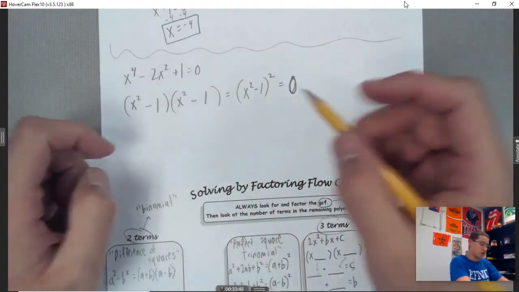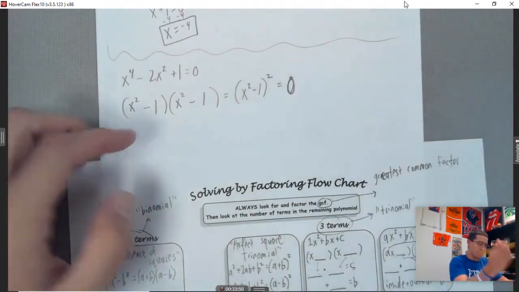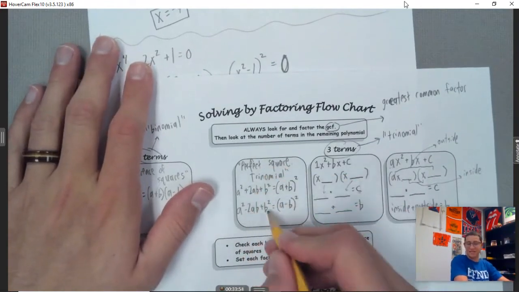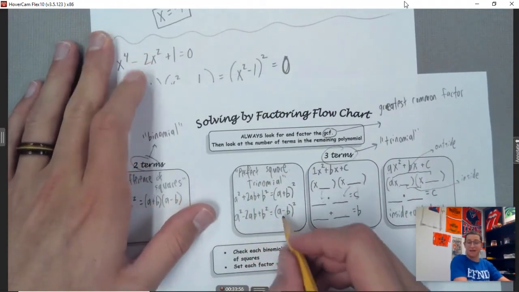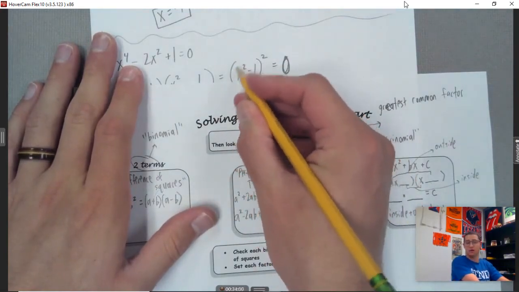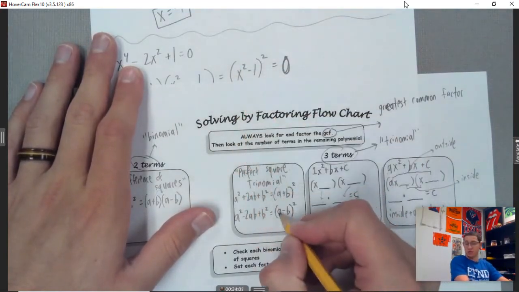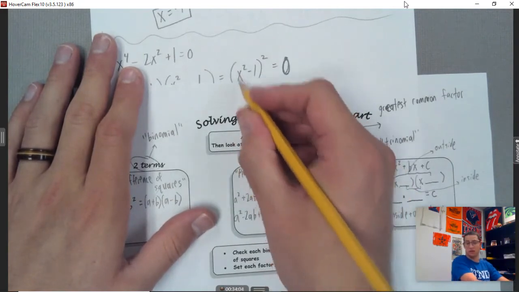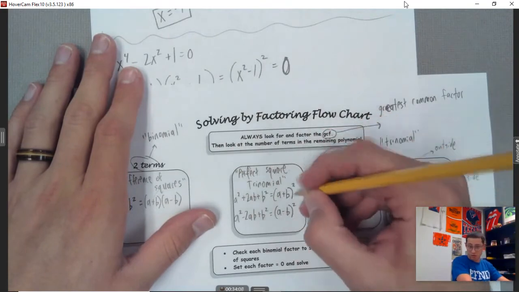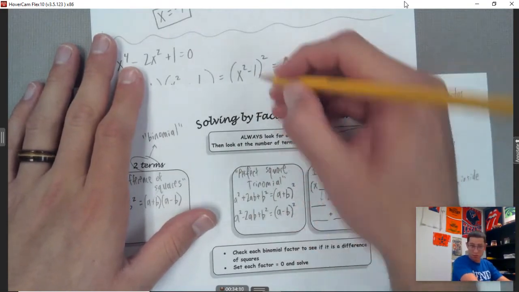Anyways, if we're trying to solve for this one, the biggest point I'm trying to make here is that this is a perfect square trinomial in this form, where your a is x squared, the first one here, minus, and then your b is 1.